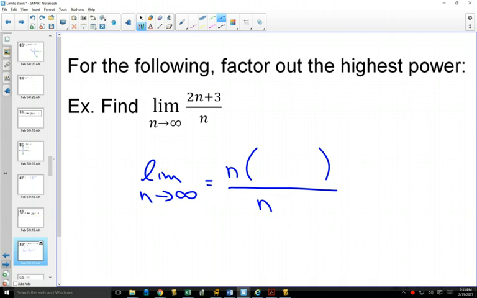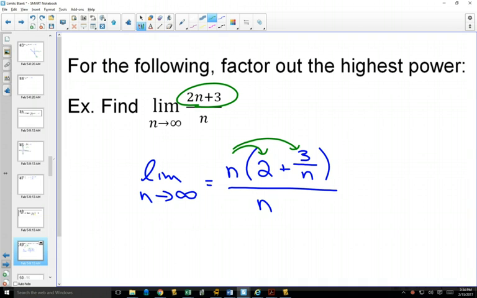What would I get if I took an n out of 2n plus 3? Well, taking the n out of the 2n, you're just going to get 2. How do you take an n out of 3? It'd be 3n to the minus 1, or you could write that as 3 over n. Does that make sense? If I multiplied this through, I would get what I began with.